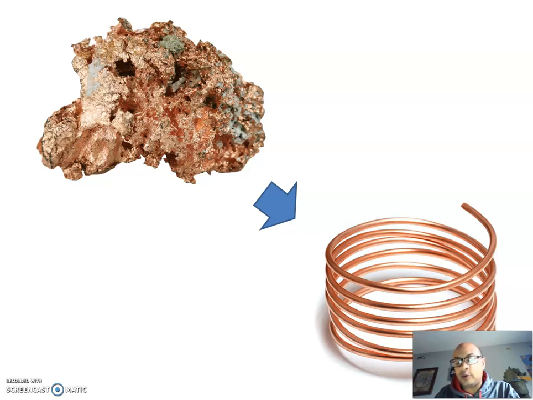The weight and bulk of copper ore is considerable. The next step is to concentrate the copper, make it about 25% copper, right? And so this is bulk reducing. Concentration mills have to be near mines.